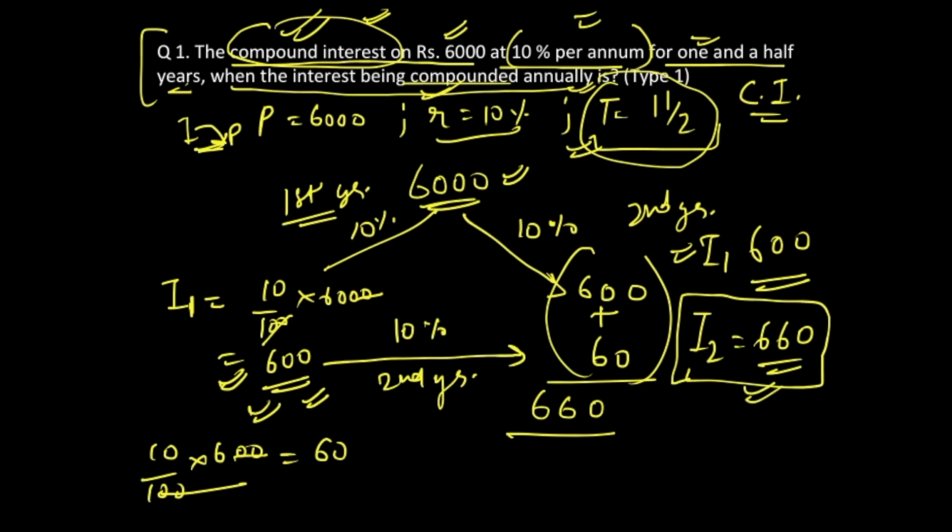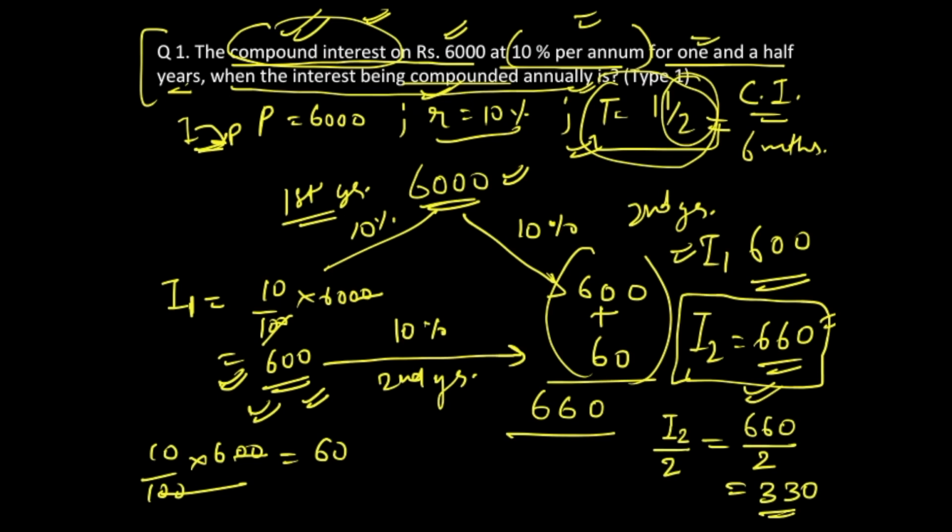What we need in the second year is that we only need this half part, that is your 6 months. So the interest generated for the whole year would be 660, but for half of that year this gets halved as well. So if you divide it by 2, that is 660 by 2, you're going to get your answer as rupees 330, right?